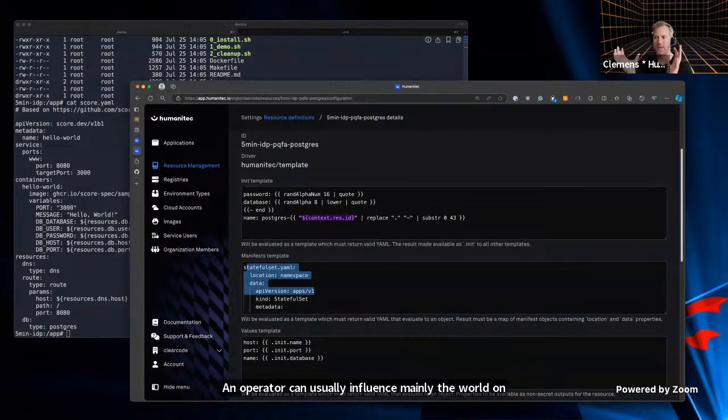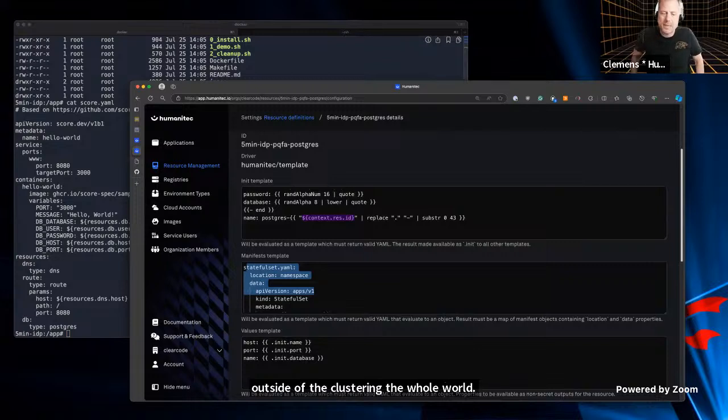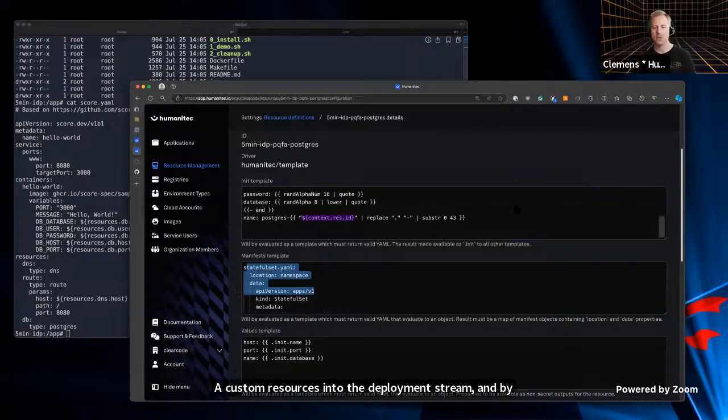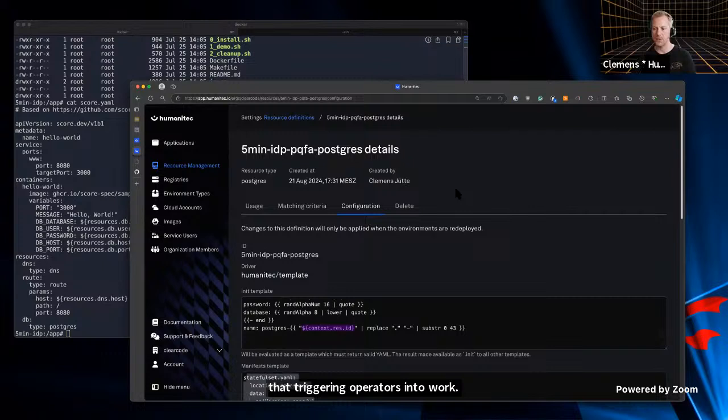So what's happening is that the orchestrator is outside of the cluster, preparing the whole world and putting everything into the right state. It may even use operators by putting custom resources into the deployment stream, thereby triggering operators into work and letting their controllers resolve some of the resource requirements, and by that creating the whole thing.